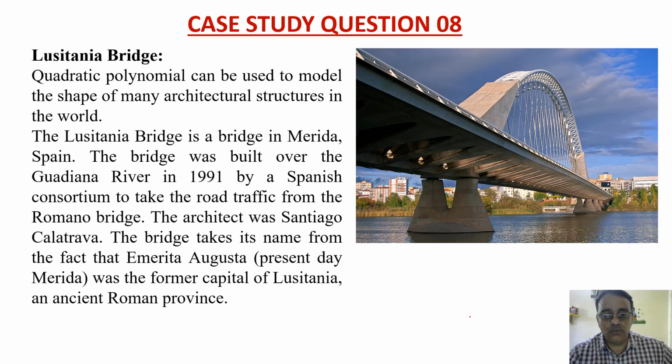The architect was Santiago Calatrava. The bridge takes its name from the fact that Emerita Augusta, present-day Merida, was the former capital of Lusitania, an ancient Roman province. So this is the figure of that bridge. Now based on this, let us have some questions.